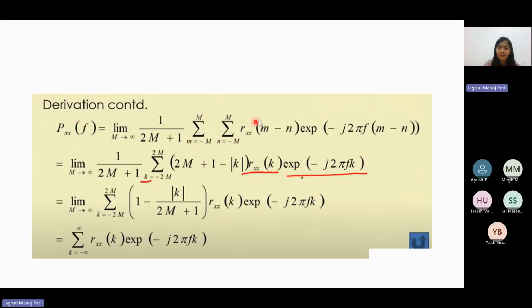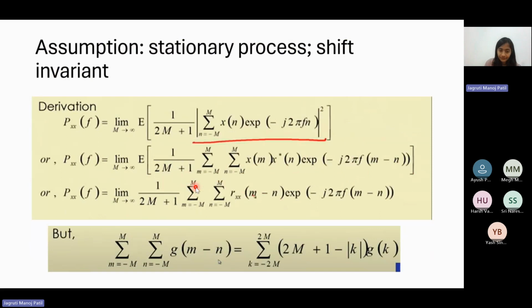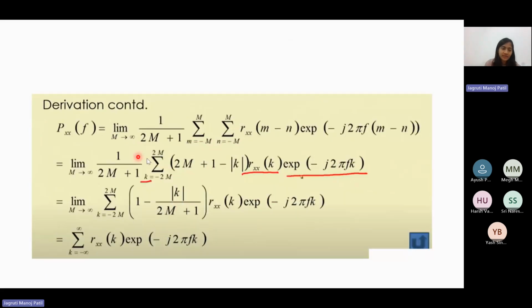Now, taking the total number of terms inside and substituting this with a weighting factor, you determine it with k. So we have 2m plus 1 by k. Then this particular part, 2m plus 1, and the same equation is there here. If you take it inside, this would be 1 minus mod k by this. So you have this equation.